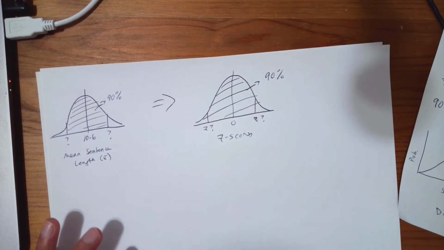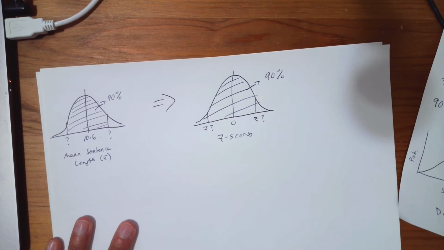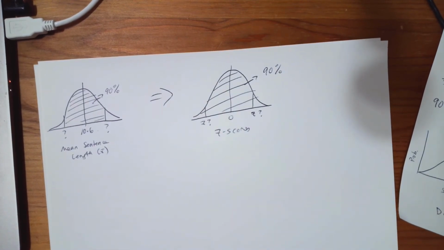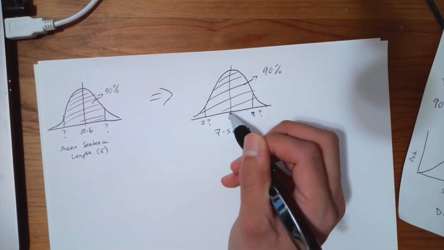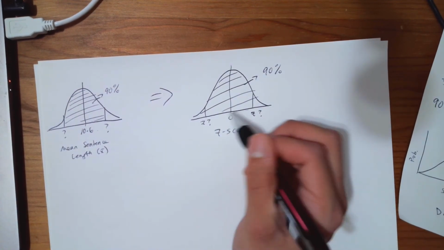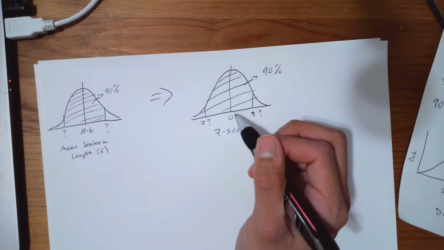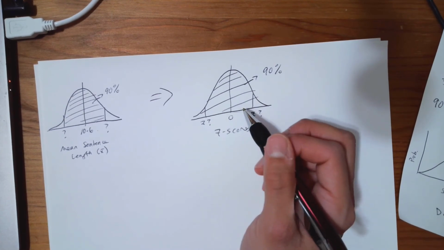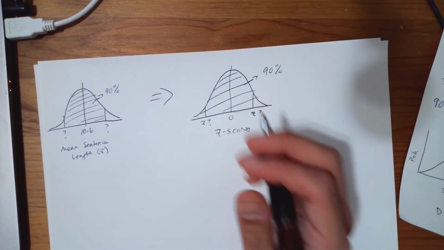And similarly to the 68, 95, 99.7 rule, there are specific z-scores that correspond to different confidence levels. So before we were saying 68% of the area is within one z-score or one standard deviation of the mean. And now we're going to be looking at it the other way, and we're going to be looking at the z-scores that correspond to different confidence levels.